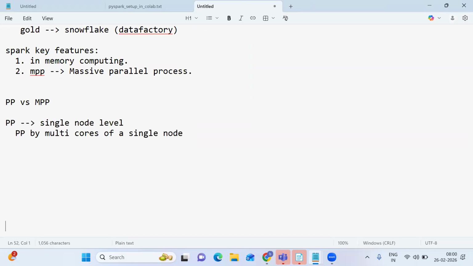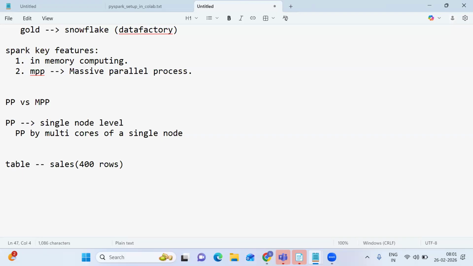Let's take your laptop. Your processor has 4 cores. Understood? Suppose there is a data table, let's say this table is sales, with 400 rows for easy understanding.